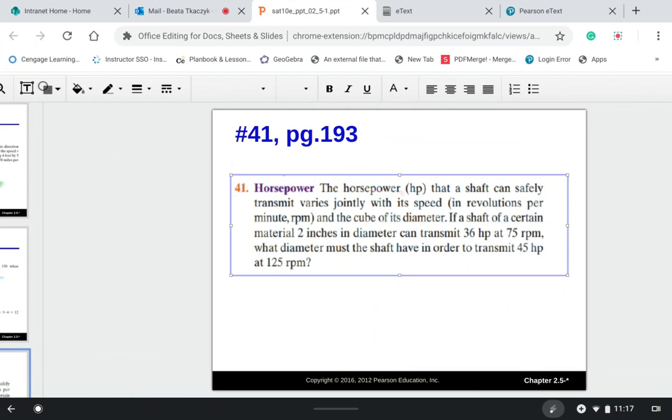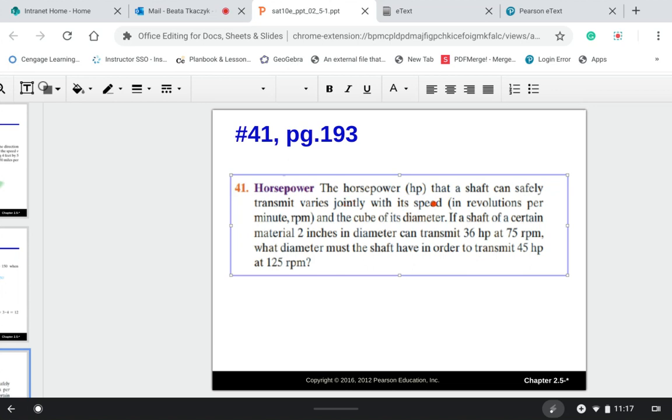The horsepower. So I will introduce the variables. My first variable will be horsepower. I'm going to label that with H. That the shaft can safely transmit varies jointly, so I'm going to have more than two variables, and just multiplication because of jointly.